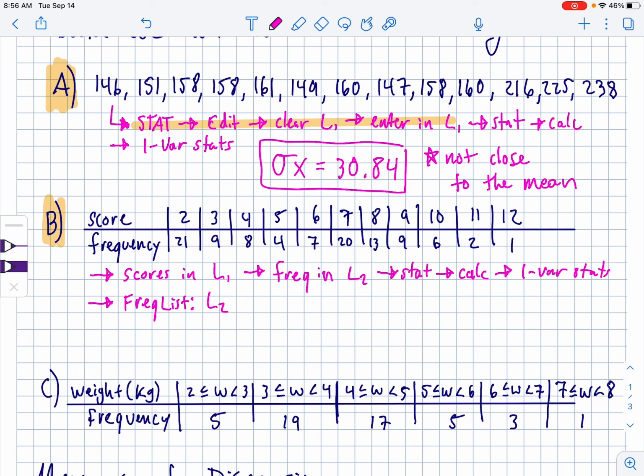The L2 button is above the 2 on your calculator. I showed that in my other video. Hit enter, hit calculate, and you'll get a standard deviation of 2.8. Compared to 30.84, 2.8 is a very low standard deviation. This would mean the points are very close to the mean.